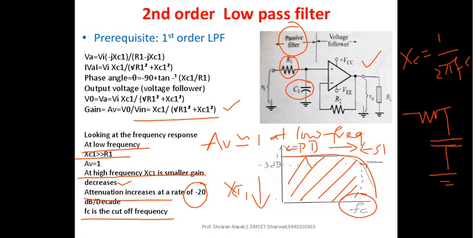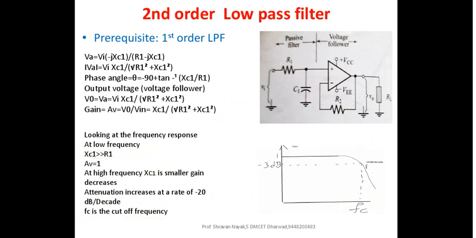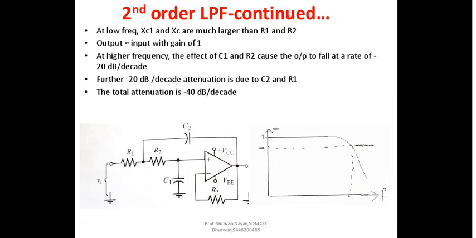Once you have understood the first order low pass filter, there should not be any difficulty in understanding the second order low pass filter, wherein instead of one R and C ladder, you will have two R and C ladders, and instead of a roll off rate of 20 dB per decade, you will have a roll off rate of 40 dB per decade. In fact, it is minus 40 dB per decade, right? So that we shall see in our next slide now.